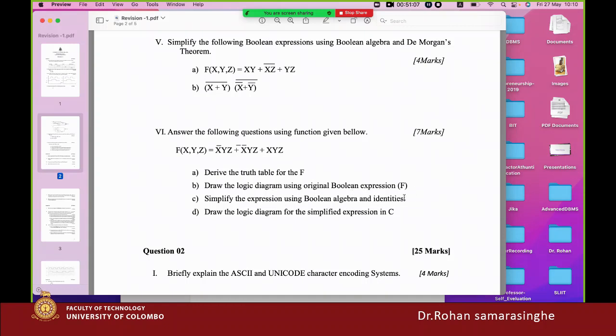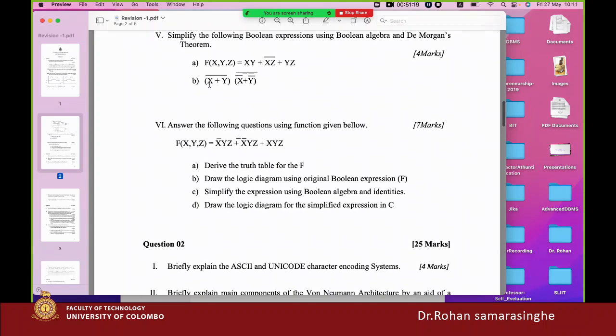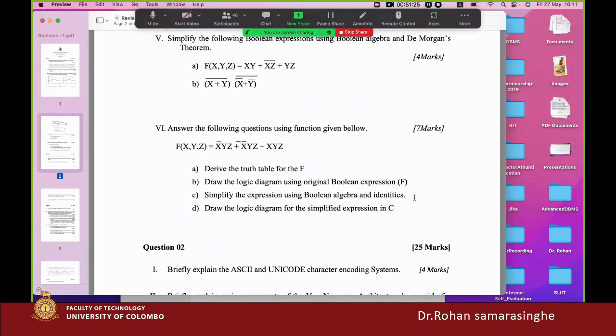Simplify the expression by Boolean algebra and identities and draw a logic diagram for the simplified version. So try to do these two questions, 5 and 6, within 15 minutes time. Okay, I will give you time.